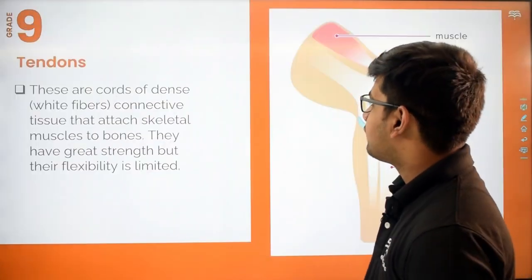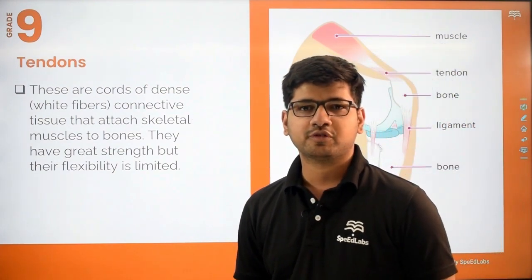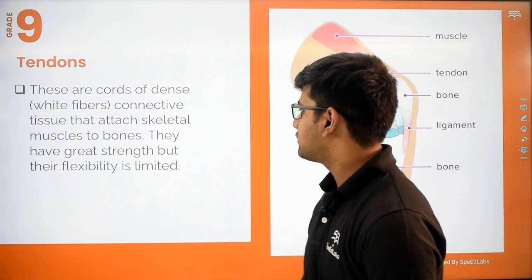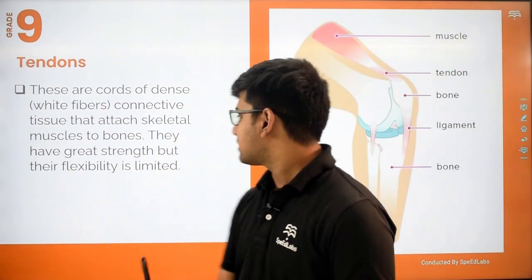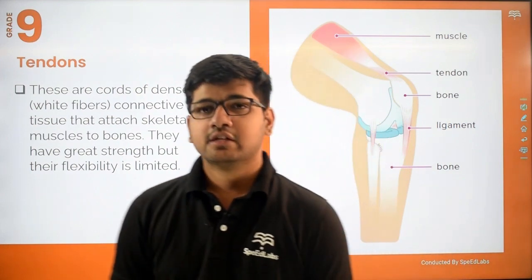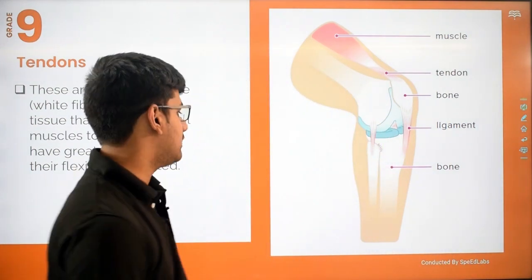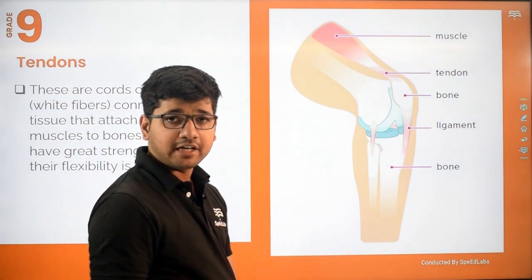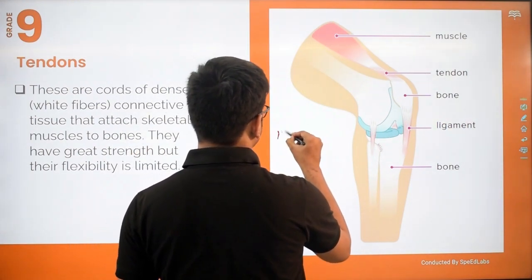So first we have tendon. Tendons are cords of dense white fibrous connective tissue that attach skeletal muscles to bones. So tendon mainly connects muscle to bone.